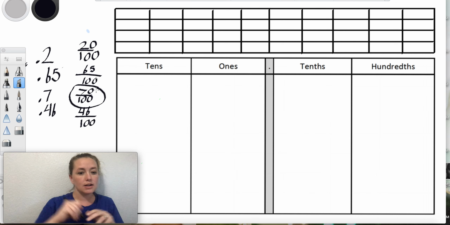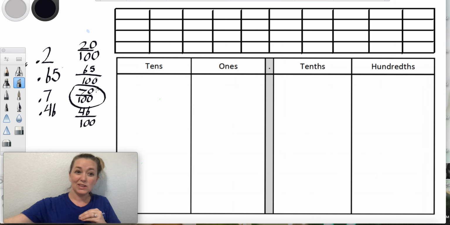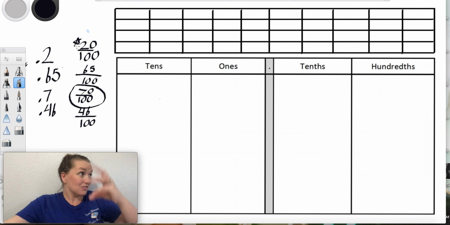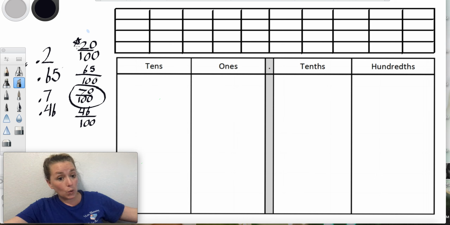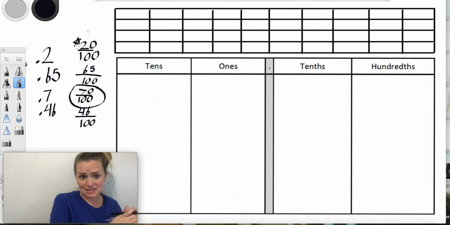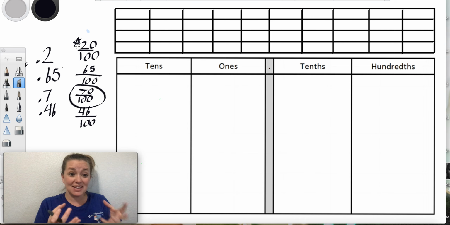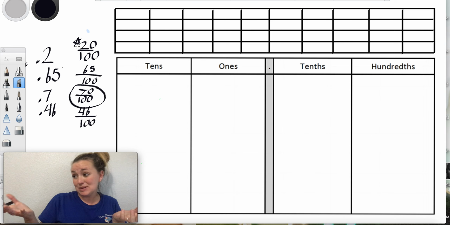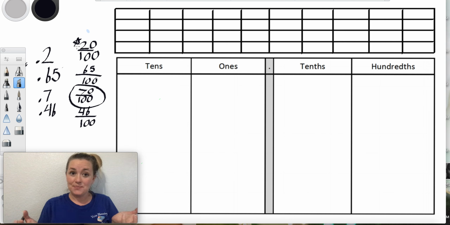Now put a star next to the least. Well, I know that 20 hundredths is the least because it's the one that's farthest away from my whole, or it's closest to 0. It just doesn't have as many pieces. There's 20 pieces here, there's 70 pieces here. It's pretty easy to tell.